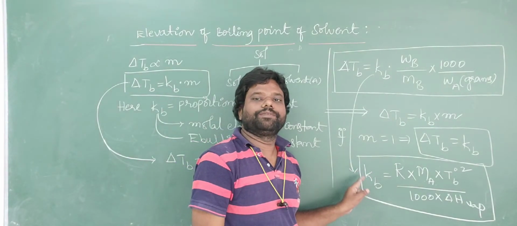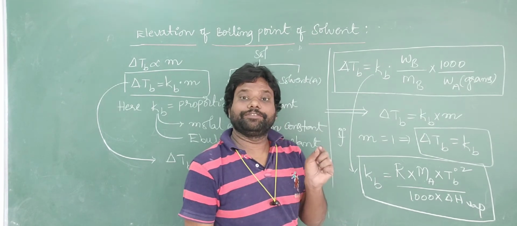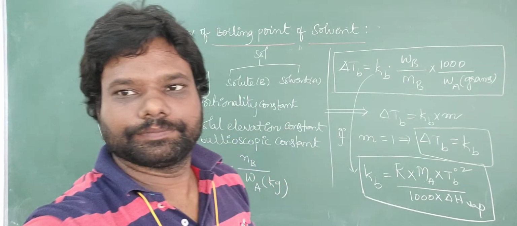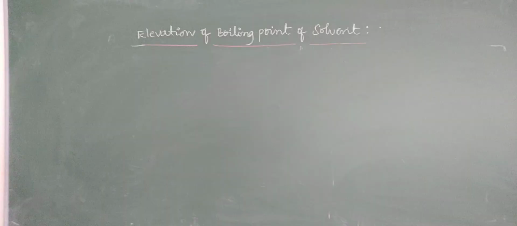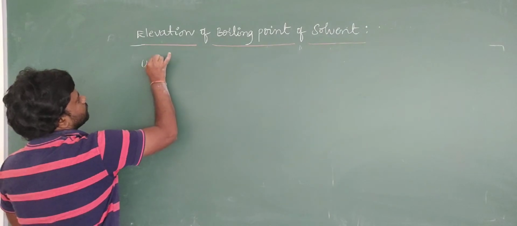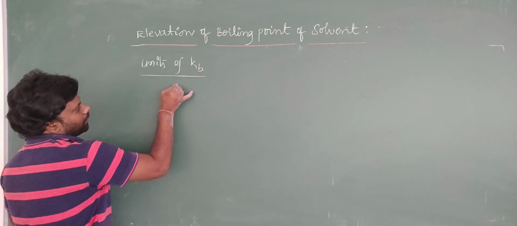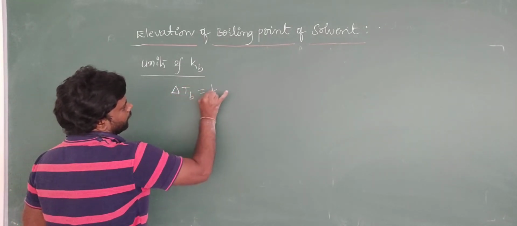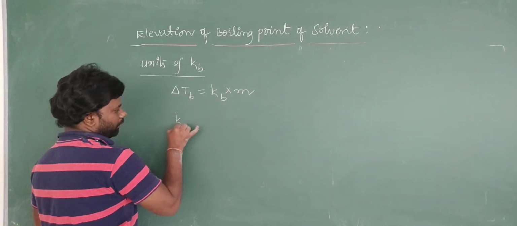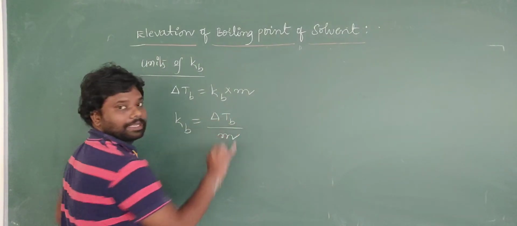Actually, there is no need for derivation of Kb. Kb value is different for different solvents. Now the units of Kb. Delta TB is equal to Kb into small m, so Kb is equal to delta TB by small m.